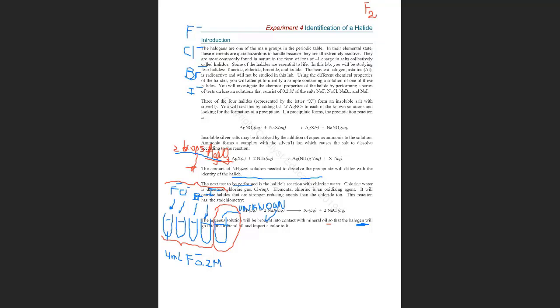But all the rest will form an insoluble salt. So in this reaction, if X is chloride, this is going to be silver chloride, and we write it with an S, which means solid.